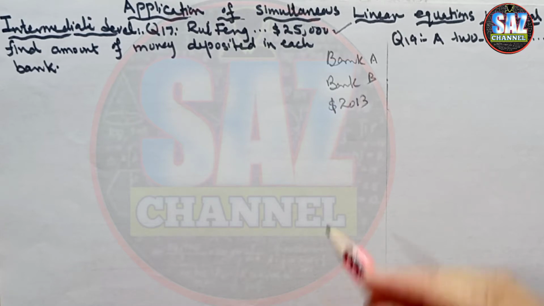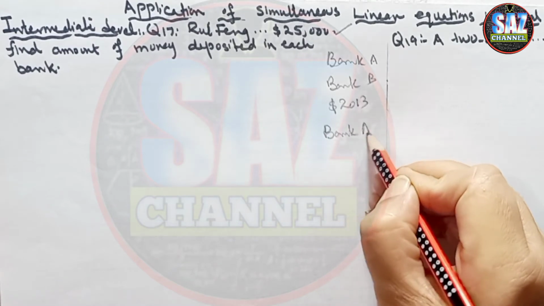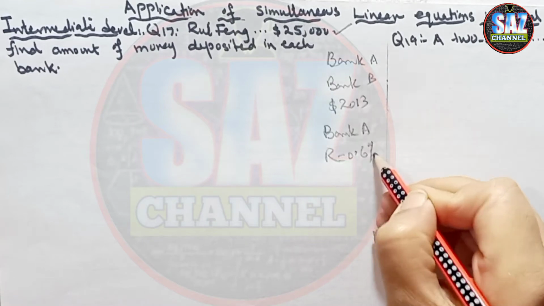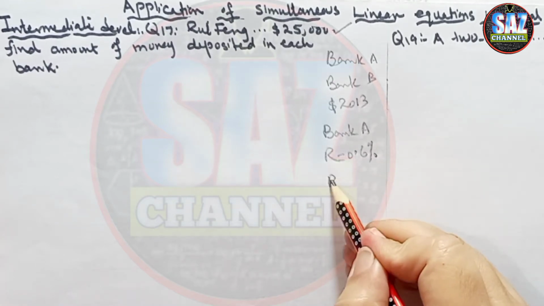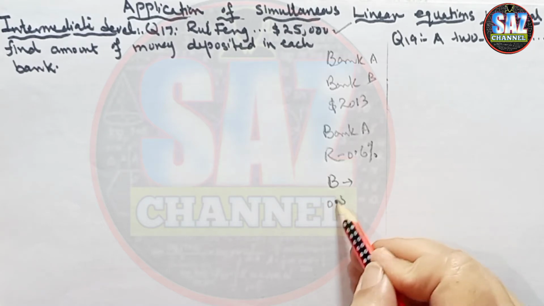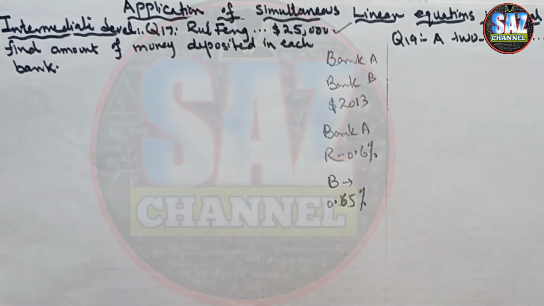Bank A pays the interest rate 0.6% per annum and Bank B pays the interest rate 0.65% per annum respectively. He withdrew all of his money from the bank at the end of 2013.